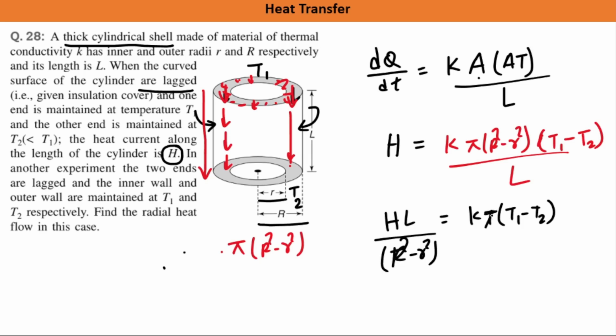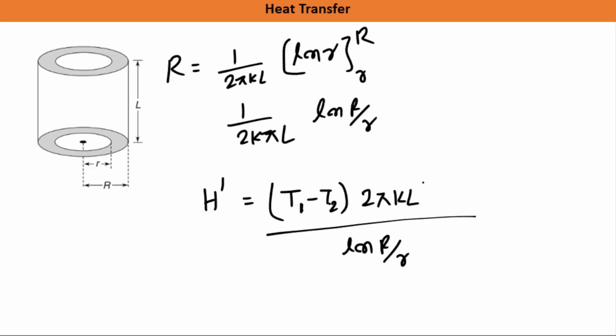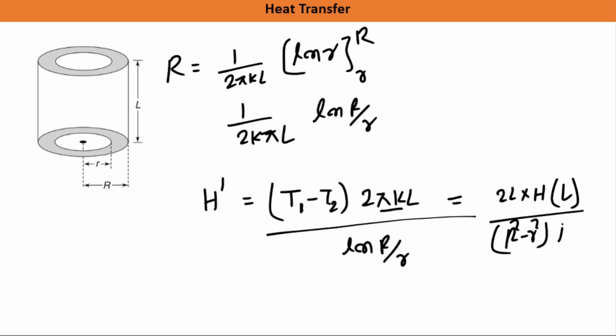So replace it with this one. T1 minus T2 can be written as, then we will be left with 2L and this is H into HL divided by R square minus small r का square and then ln R by small r.